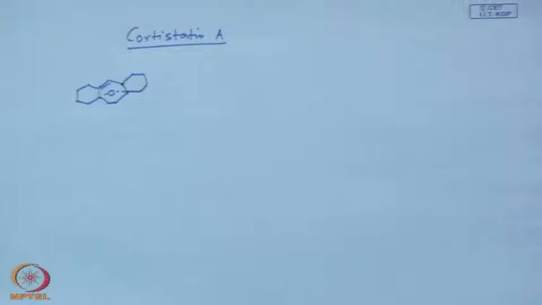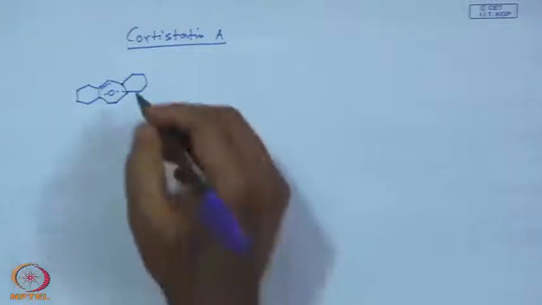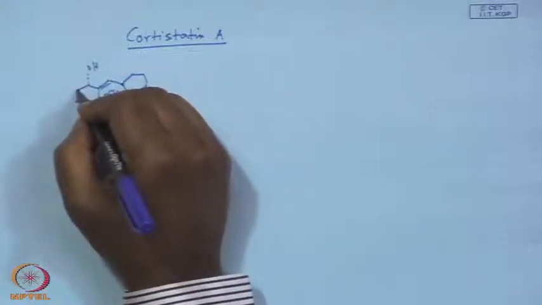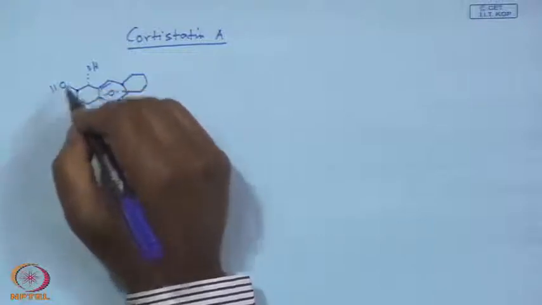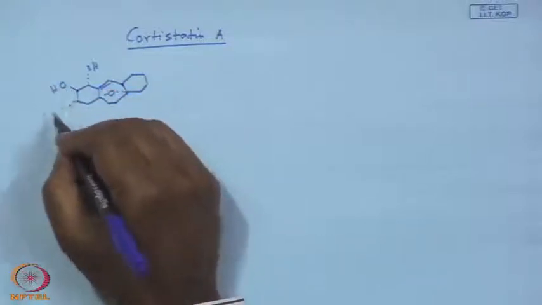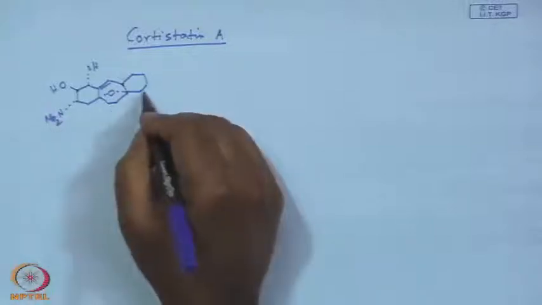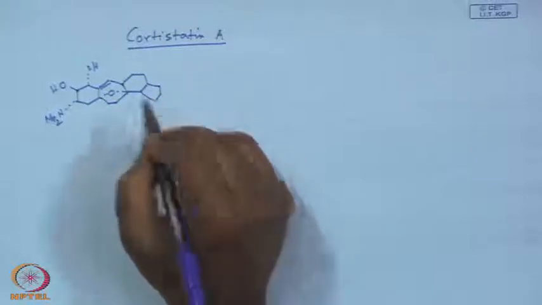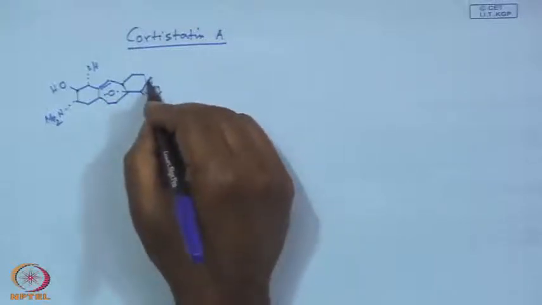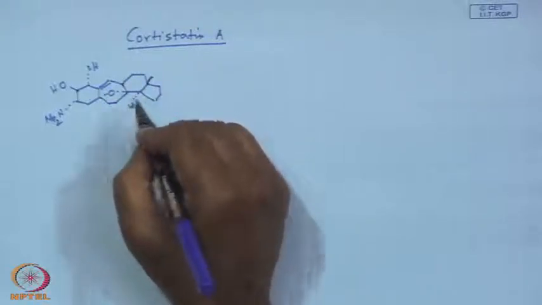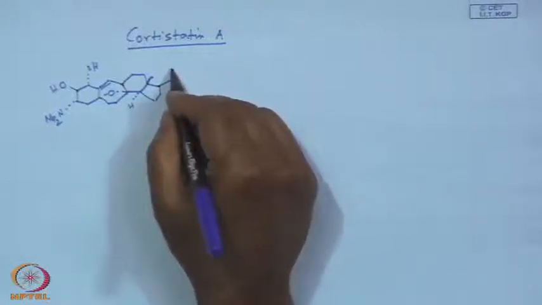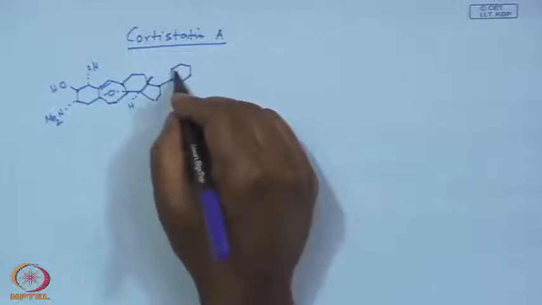4+3 cycloaddition reaction. Okay. And then there are so many other things here, an OH group, then another OH here, then this NMe group, then like a steroid, the last ring is a 5-membered ring. There is this angular methyl group and this hydrogen here, and in addition there is something here. So, it is a heterocyclic class.